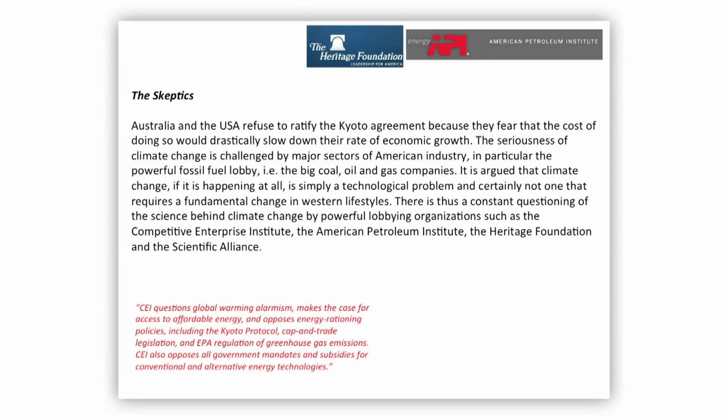This quote is from the Competitive Enterprise Institute: "They question global warming alarmism. They make the case for access to affordable energy. They oppose energy rationing policies, including Kyoto, cap and trade, and the EPA regulation of all and any greenhouse gases." This is the other viewpoint, the skeptical side. And that's the controversy.